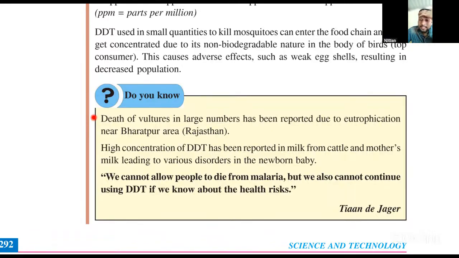Right now we are using DDT powder to stop the growth of mosquitoes. But in the previous time, do you know how they used to get rid of mosquitoes? They used to burn neem leaves. Neem leaves they used to burn to clean the area of mosquitoes. Understood? So we have to come back to that way again, so that everyone will be safe.